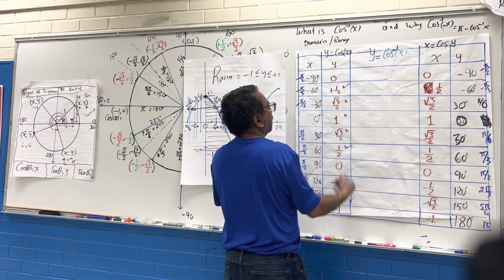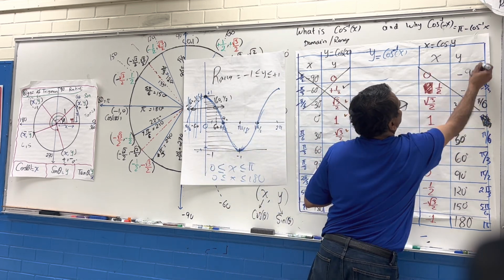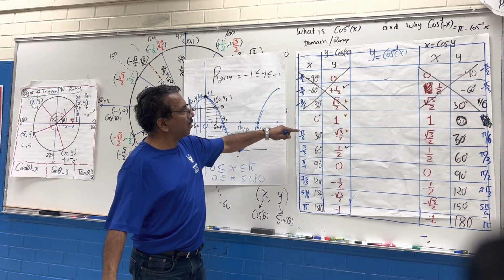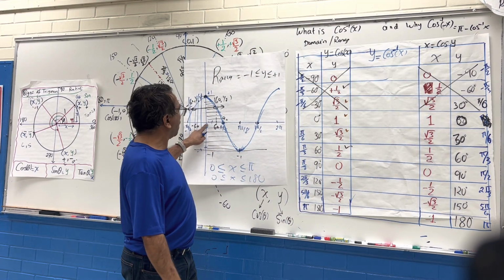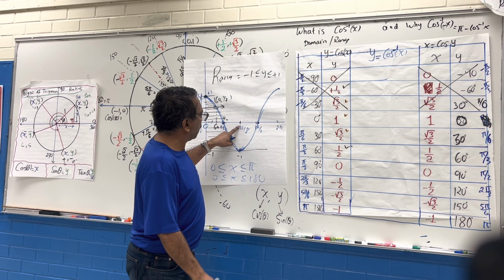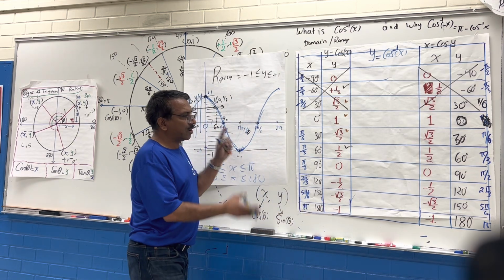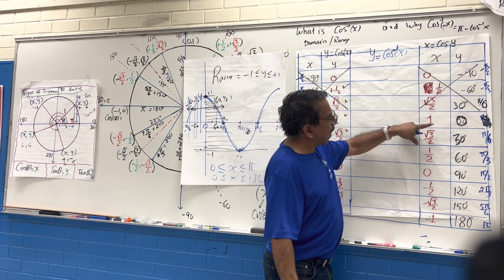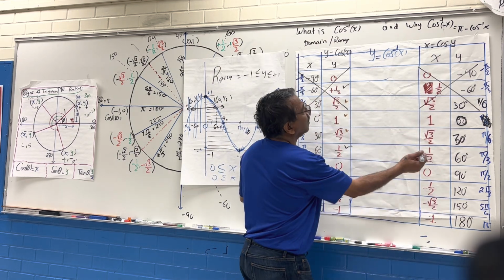Whatever we don't want is gone. I'm going to restrict only from 0 all the way to 180 degrees, which is pi. When you swap it, you get these answers, and this is one-to-one.